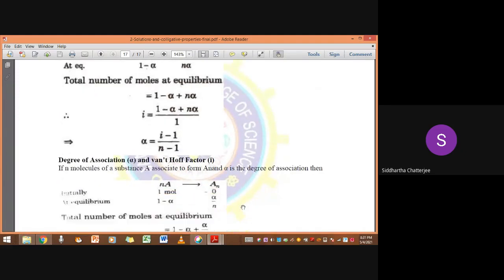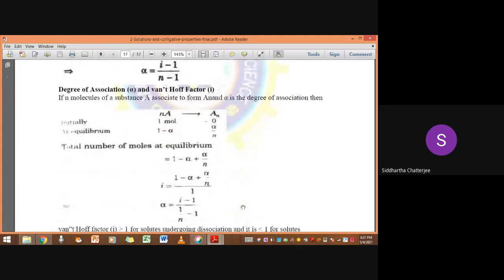For the degree of association, alpha equals (i minus 1) by (1/n minus 1). So in case of dissociation, n means the number of dissociated ions or particles, whereas in case of association, n means the number of particles associated.